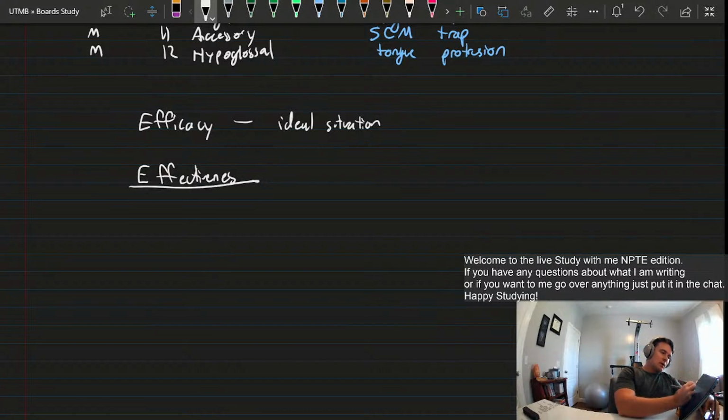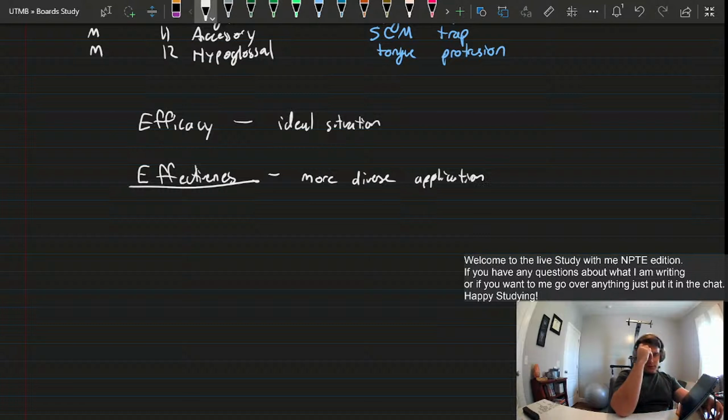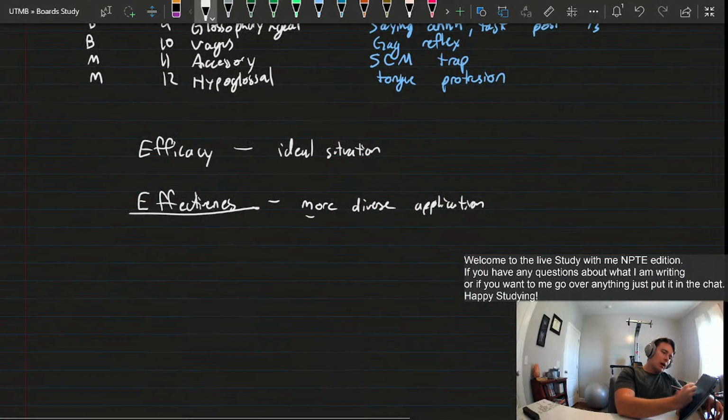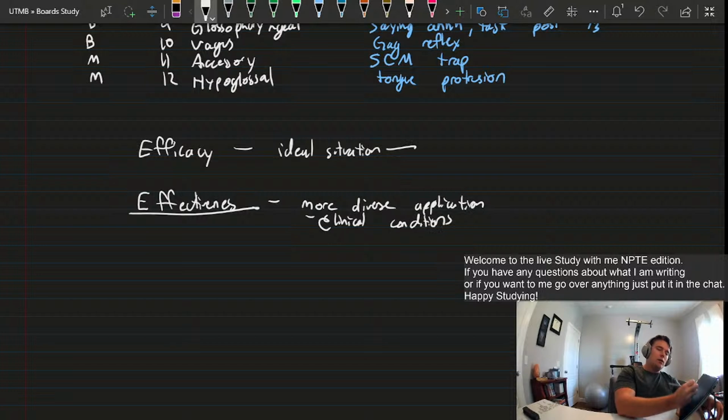Effectiveness is a longer word, so it can work in more diverse applications. So typically this will be like clinical conditions versus ideal, very specific conditions. So small word versus longer word. That's all I can remember. I doubt you'll have that on the exam, but maybe.